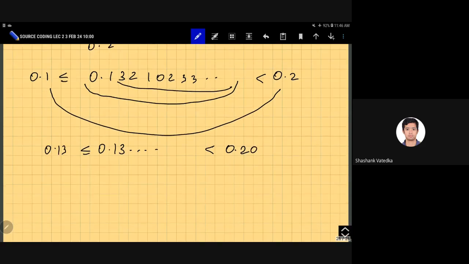And when I observe the next symbol, 0.132, I know that what comes after this will lie between 0.132 and 0.133.